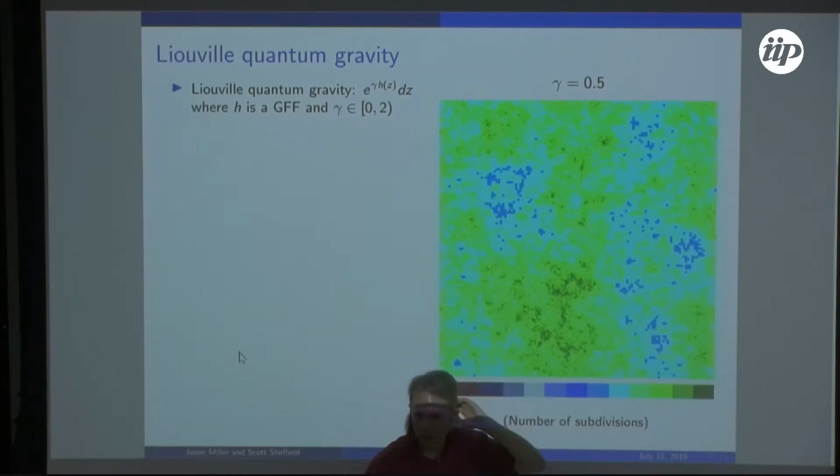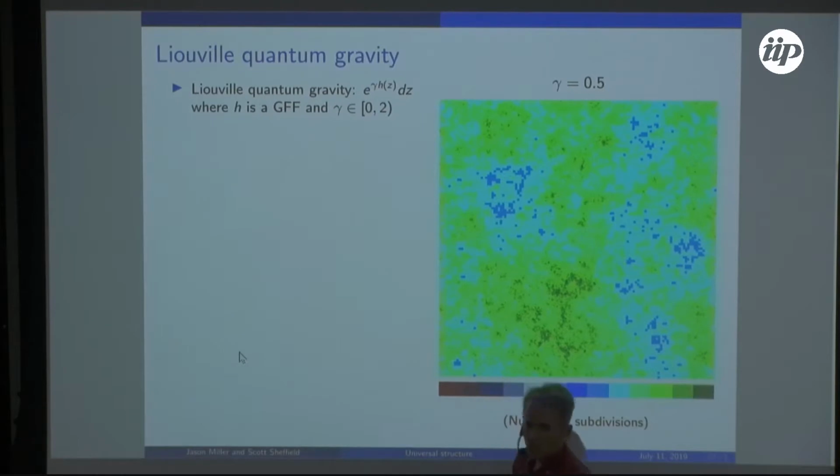The measure is just Euclidean area measure. At this point, I'm not worrying about length. People worry about length too in this subject, but for now, just area. And so I just get an area measure here.